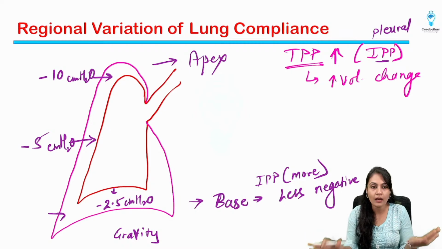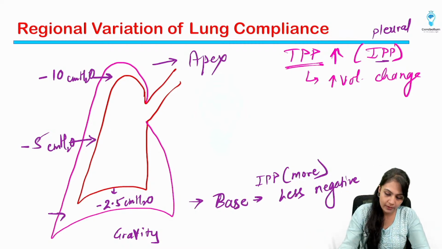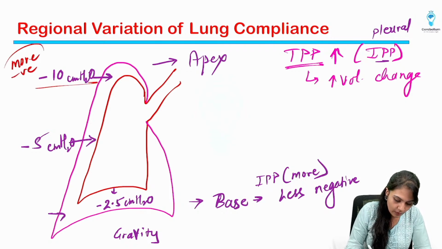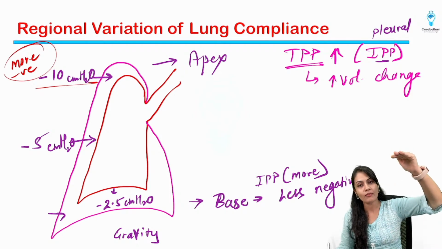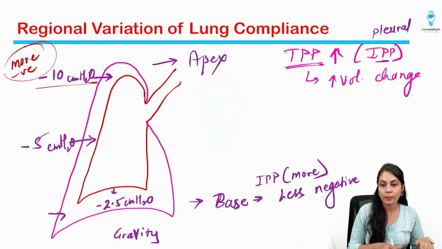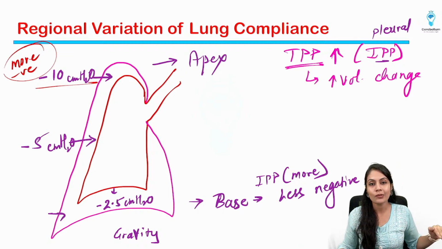That is a simple funda, because we are putting the minus sign in front of that, right? And at the apex it is going to be more negative. Why? Because it is slightly away from the core of the earth. If you lie down supine, this gradient will evaporate. There will be no gradient, right?